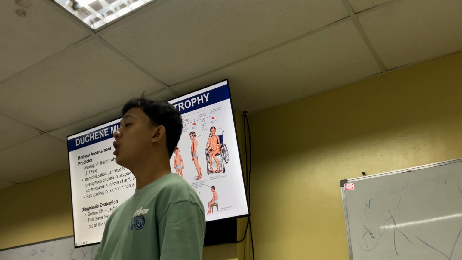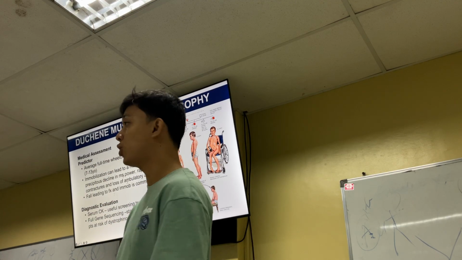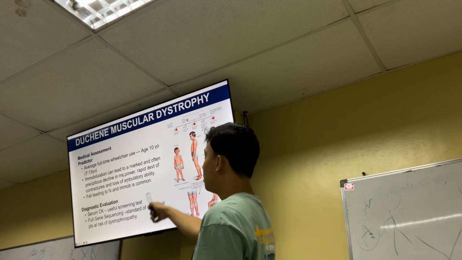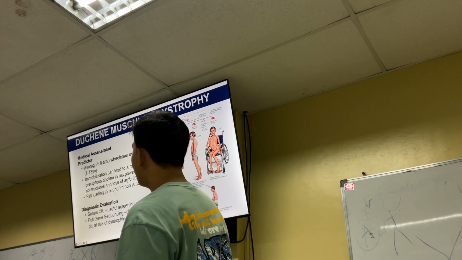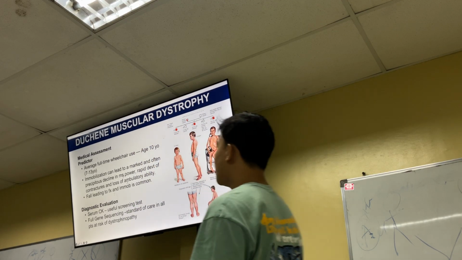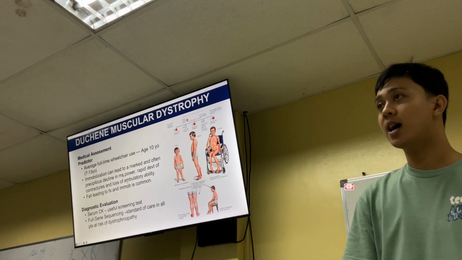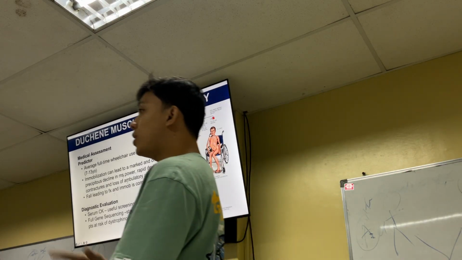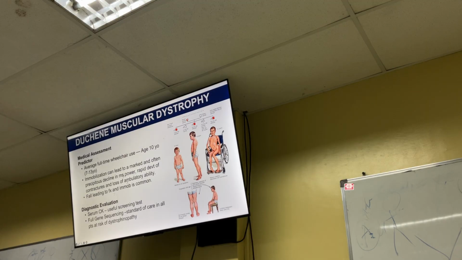Flexor contracture, your hip flexor and knee flexor contracture. And for diagnostic evaluation, well, we can use the creatine kinase, a useful screening test. It might increase, or it might decrease.